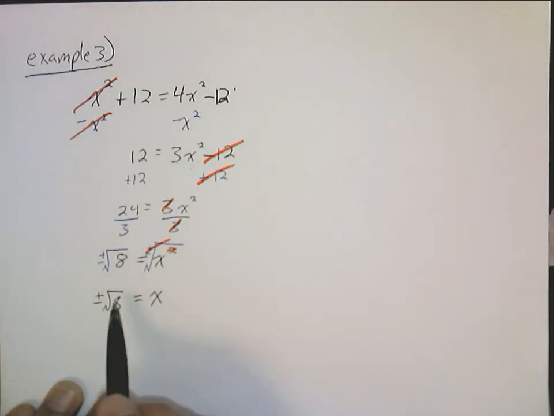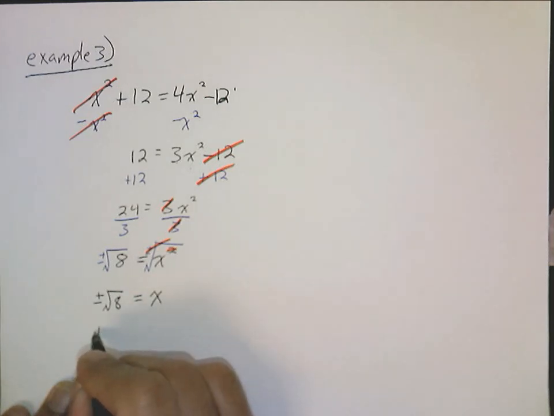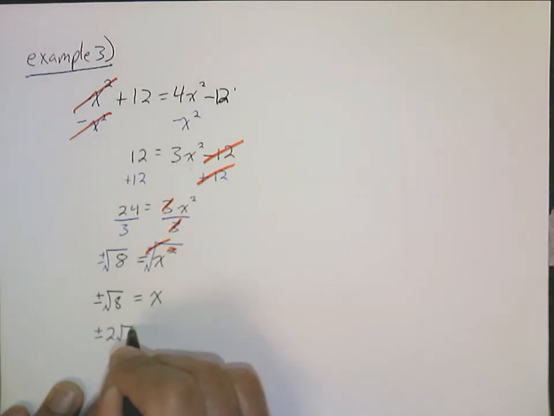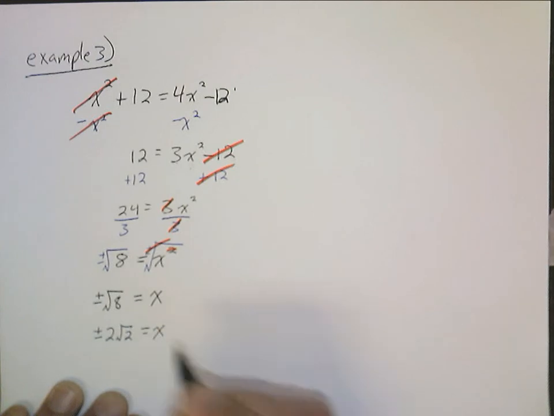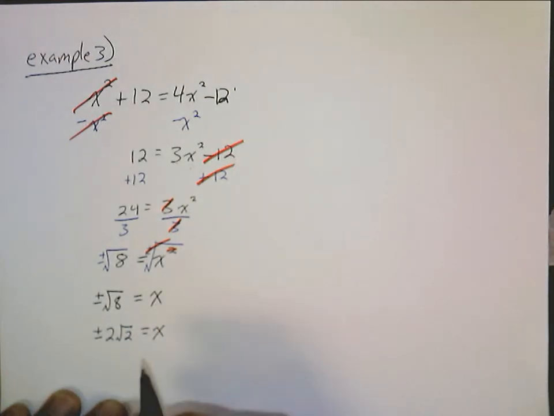Now one quick thing here, we do want to write our solutions in simplified radical form. 8 has a perfect square factor of 4. We pull that perfect square factor of 4 out and take the square root of it. This is going to be plus or minus 2 times the square root of 2. You may need to go back and review a little bit about simplified radical form.